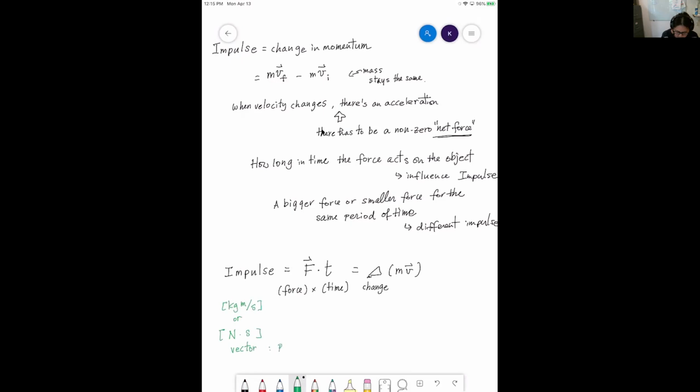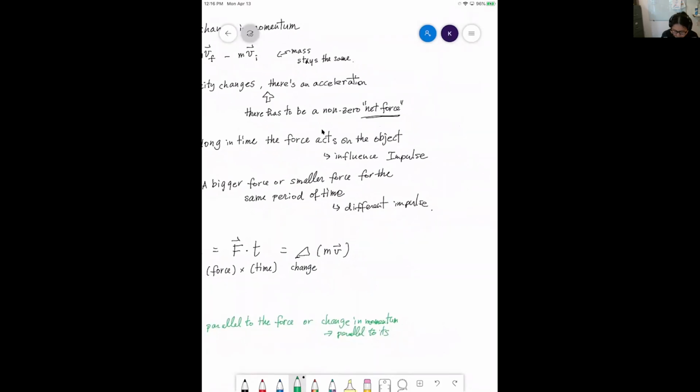It's either parallel to the force or change in momentum. So parallel to its acceleration, right?